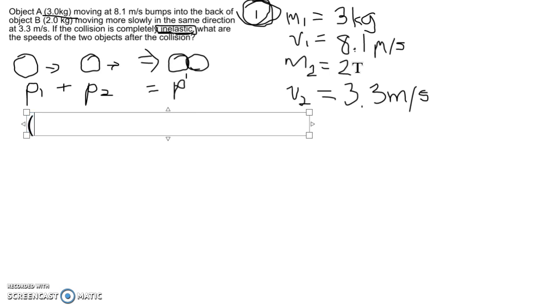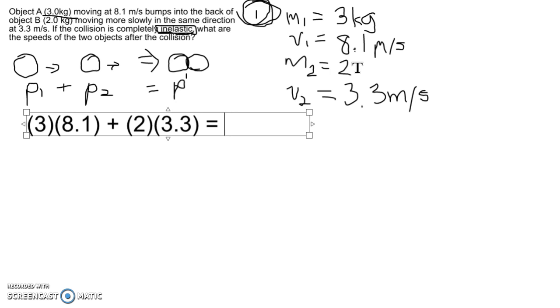So here we have 3 times 8.1 plus 2 times 3.3. And let's think about this in a different way. Both objects have combined, right? So what's their combined mass?